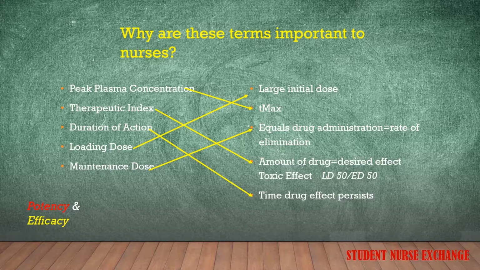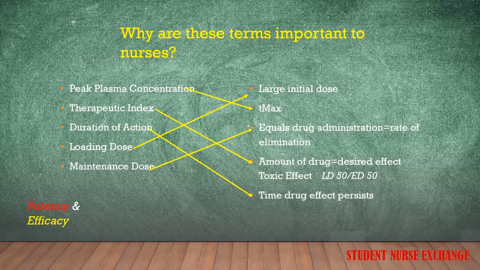The rate of administration is equal to elimination, and you really are able to keep a steady concentration of medication in the body. Sometimes we'll draw peak and trough levels of blood so we can see what the volume of the medication is after a loading dose, and maintenance doses are given to make sure that we're keeping the effective dose of the medication in the patient.